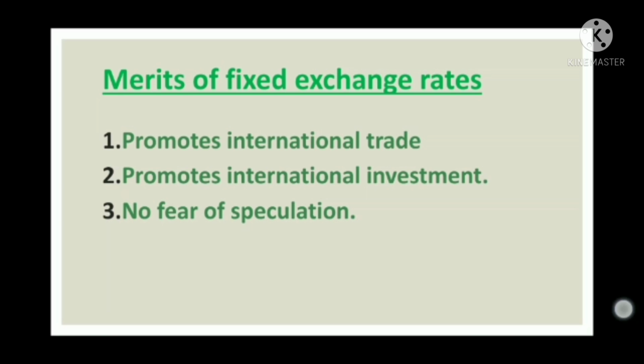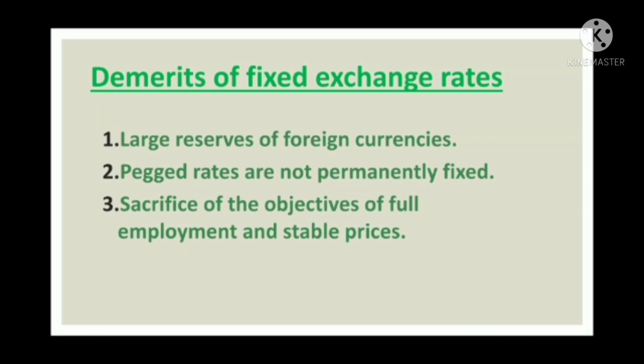Next, demerits of fixed exchange rate system. Point number 1 is large reserves of foreign currency. Under the system of fixed exchange rate, large reserves of foreign currency are required to be maintained. Point number 2 is pegged rates are not permanently fixed. Fixed exchange rates are not permanently fixed.